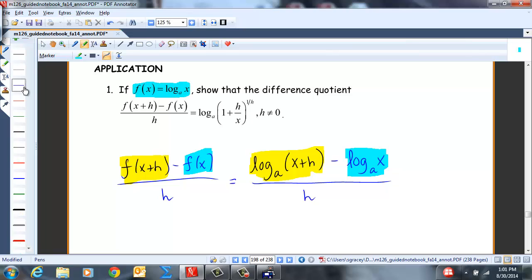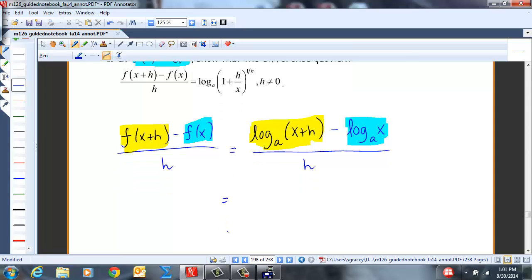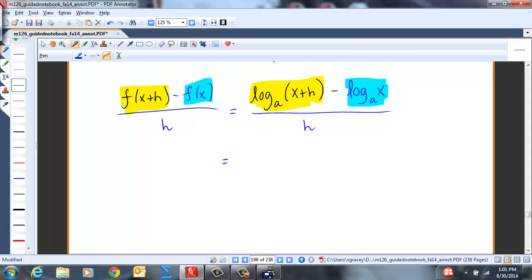Okay. So this is going to give us a difference of 2 logs with base a. So this is equivalent to log base a at x plus h divided by x, divided by h.